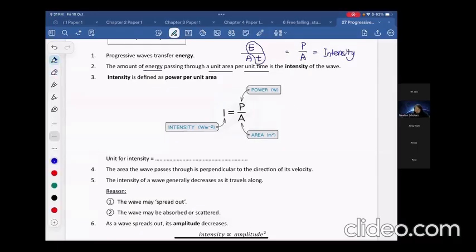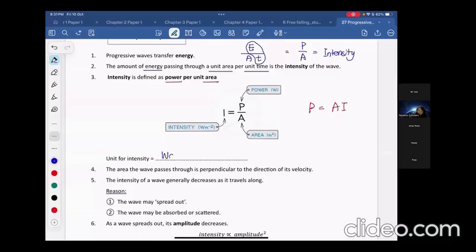But I found out that we can remember it this way: Power is AI, very powerful. A times I becomes power. Or nowadays we're using AI. Intensity is power per unit area. So what is the unit for intensity?